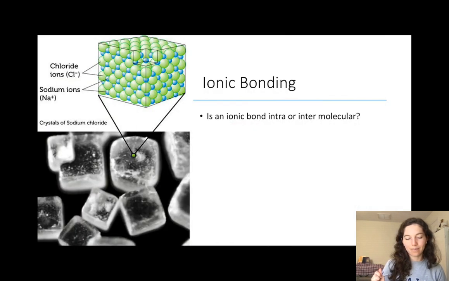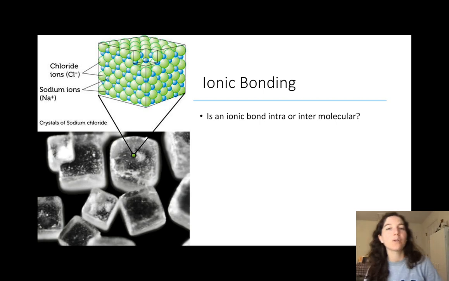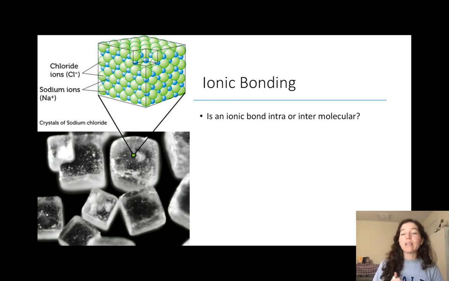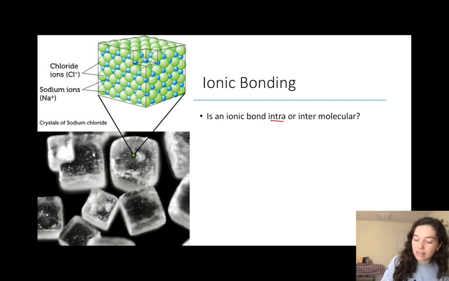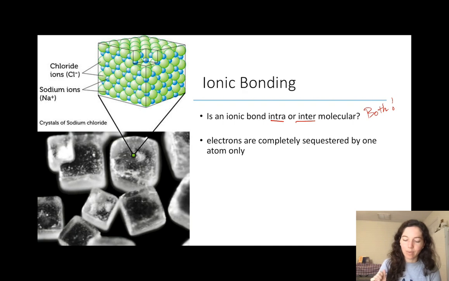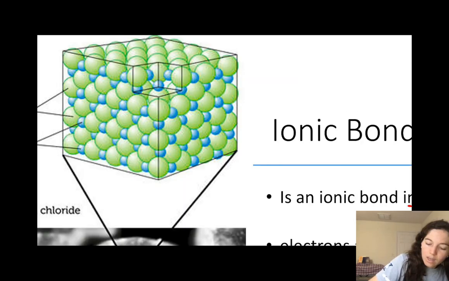Okay. So let's talk about ionic bonding. We're going to start here with the strongest intermolecular force. Ionic bonding is both intra and inter. It's both, yes. So what you see here is an ionic crystal. This would be your chlorine, and then this would be your sodium here, your negative and your positive.